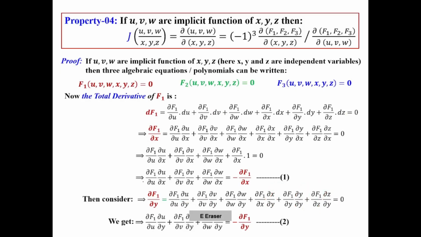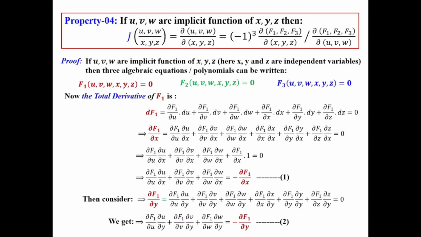So here these three terms are written as such, and this term ∂f1/∂y taken to the RHS side will be minus ∂f1/∂y, and these terms are cancelled out. We got equation number 2.